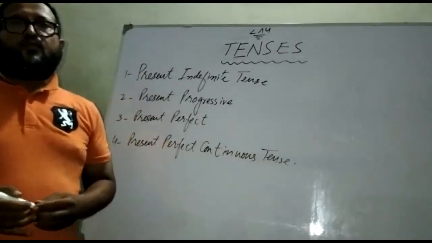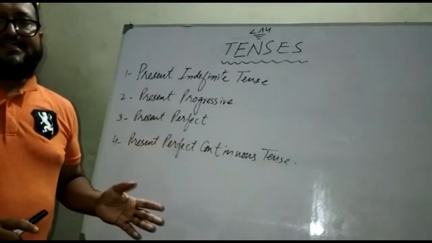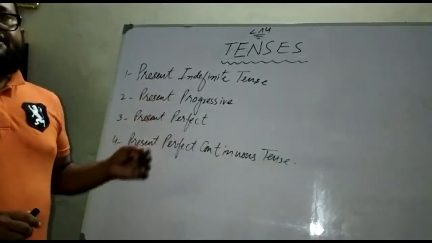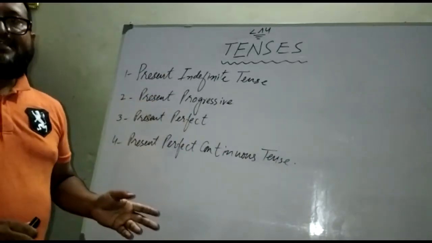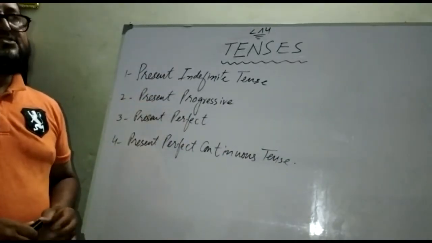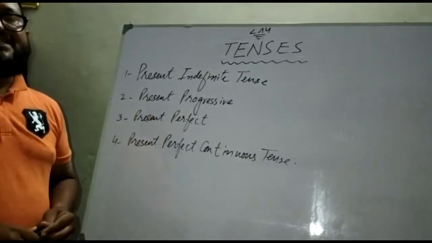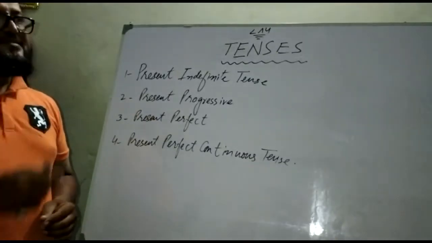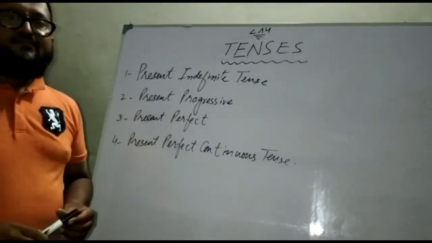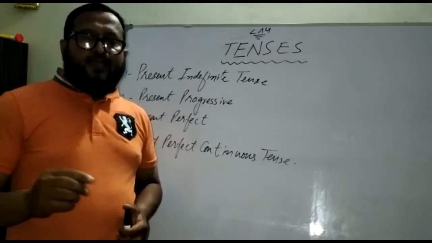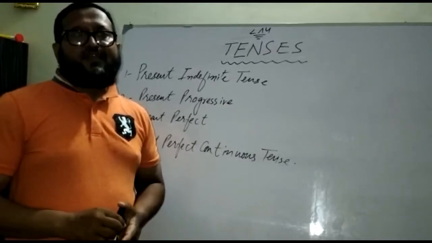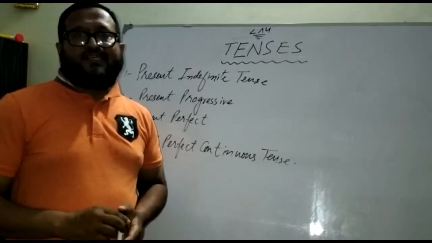So there are four major slots in present tense: present indefinite tense, present progressive tense, present perfect tense, and present perfect continuous tense. Today we are going to study present indefinite tense. After today's lesson, I will give you 10 worksheets that will help you to do a lot of exercises, and it will help you also in your studies as well.